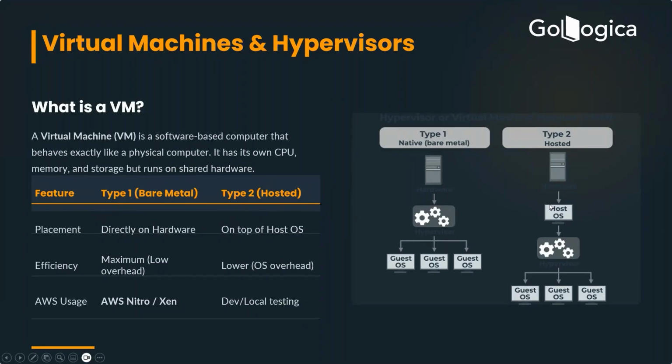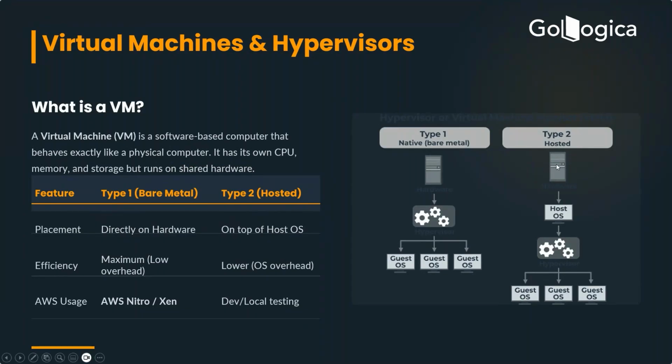So definitely with the hosted, or host operating system, it is also introducing that single point of failure. If this host OS fails, everything on top of it will fail, including the hypervisor sitting on it and all the guest operating systems.